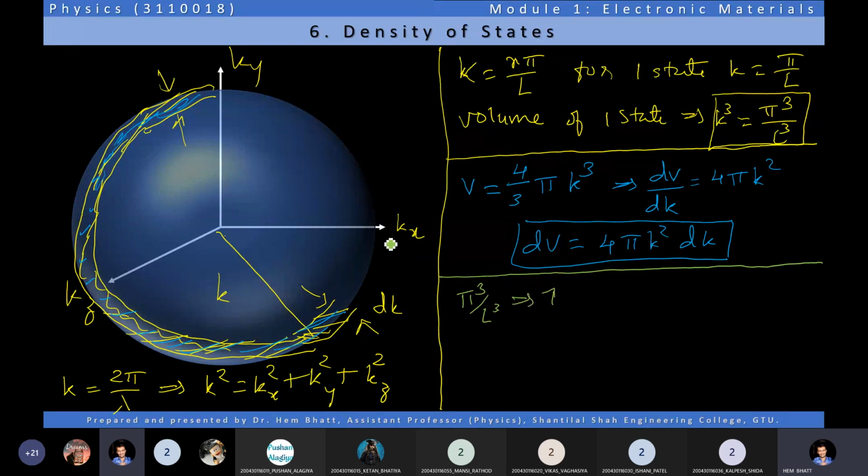Then if I am talking about dv volume, how many states I will have, how many energy levels in total do I get. So n is equal to dv upon pi cube by L cube, or else I can say it is dv L cube upon pi cube. Is that okay?